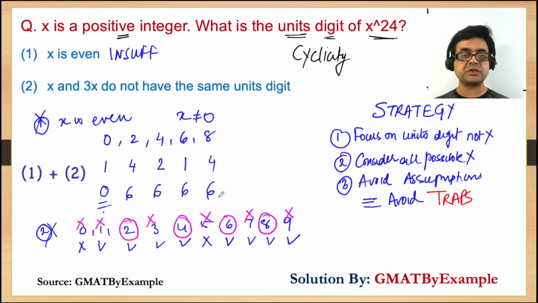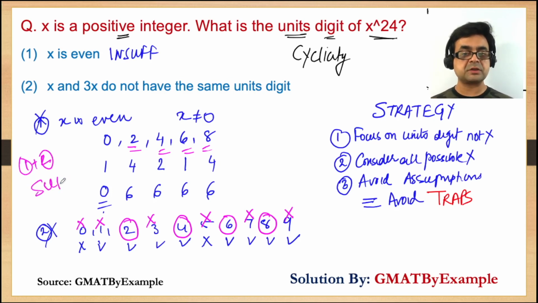And for 2, 4, 6 and 8, we already saw that the units digit for a power which is a multiple of 4 would be 6. So now we have a unique answer, that is 6. And hence, when you combine 1 and 2, it is sufficient to answer the question, because you get a single value of units digit possible.